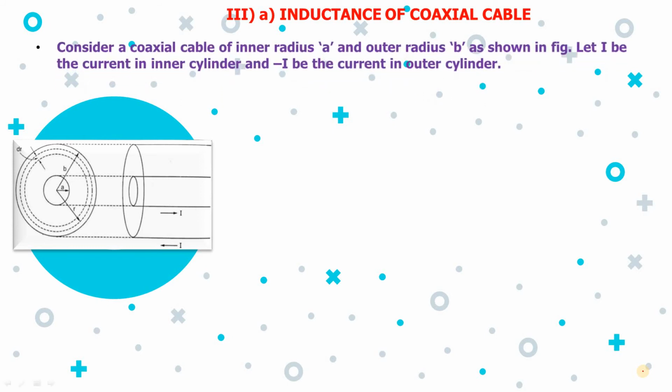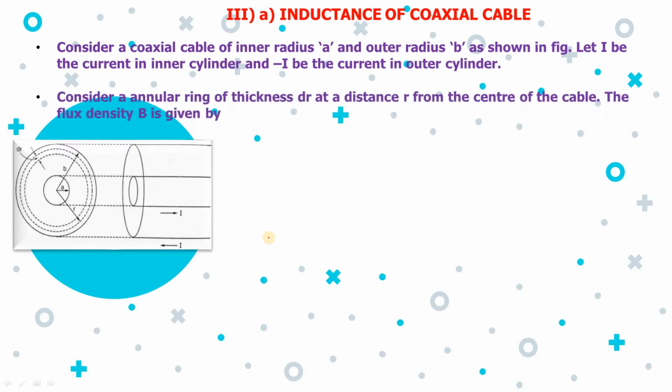Let me check the first one. Consider the coaxial cable of inner radius A and outer radius B as shown in the figure. This is a general coaxial cable, and the first part we are going to see as a general part. Let I be the current in the inner cylinder and minus I be the current in the outer cylinder.